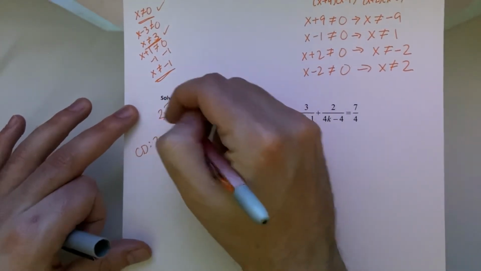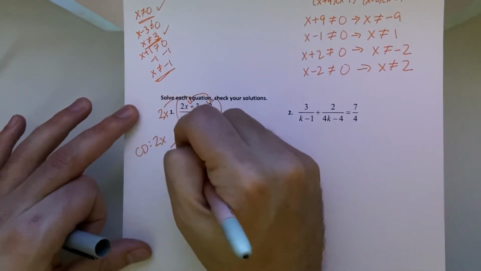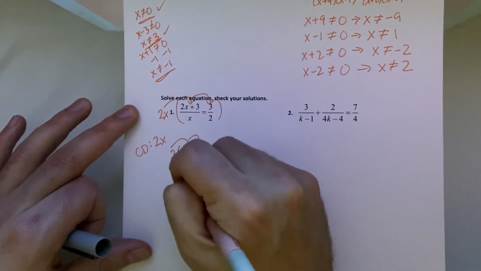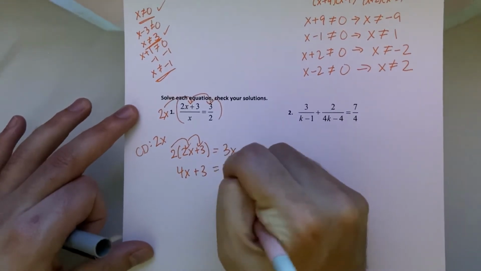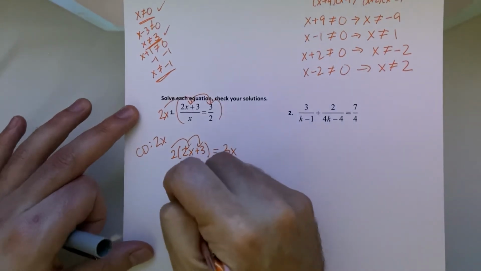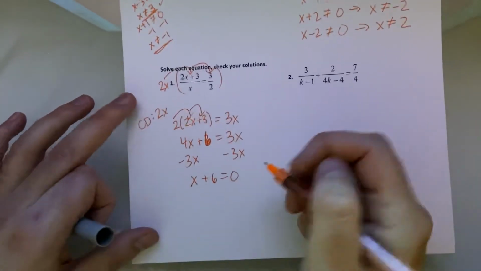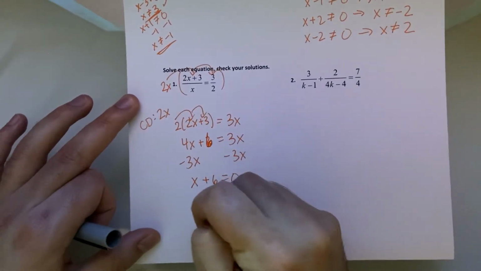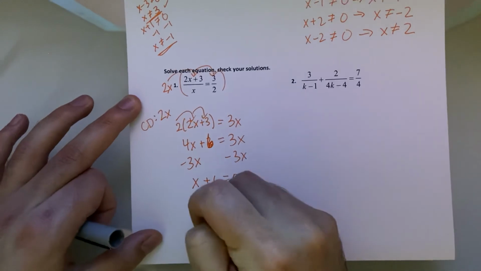The second fraction, the 2's cancel, I get 3x. Distribute, so 4x plus 6 equals 3x. Subtract 3x, x plus 6 equals 0. Subtract 6. X is equal to negative 6.